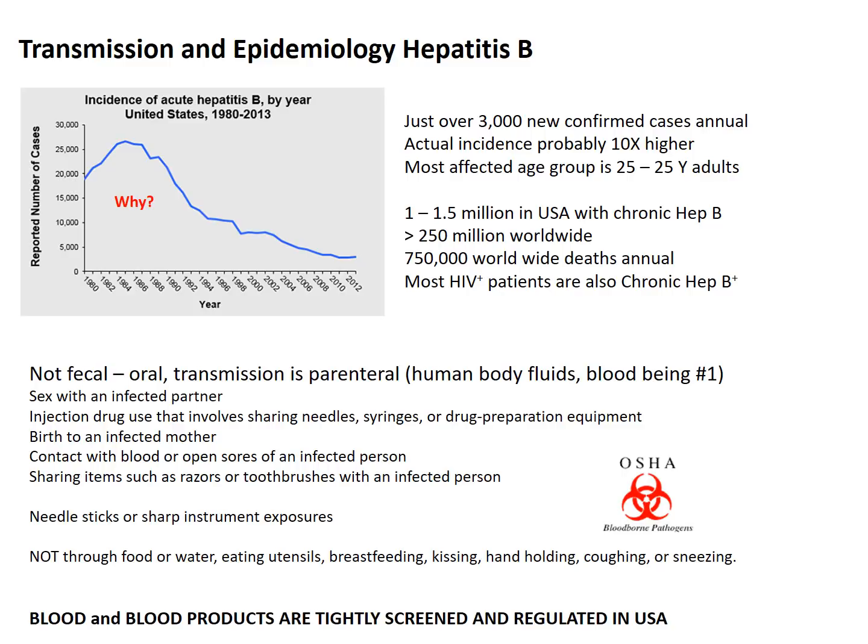This virus now is not transmitted via the fecal-oral route as what we see with Hep A, but this one is transmitted parenterally or through human body fluids, blood being the number one body fluid that transmits Hep B. There you can see a number of the different behaviors or risk factors in terms of how an individual can acquire Hep B. Please be aware that this is one where the infant can acquire Hep B from its mother, particularly during childbirth.